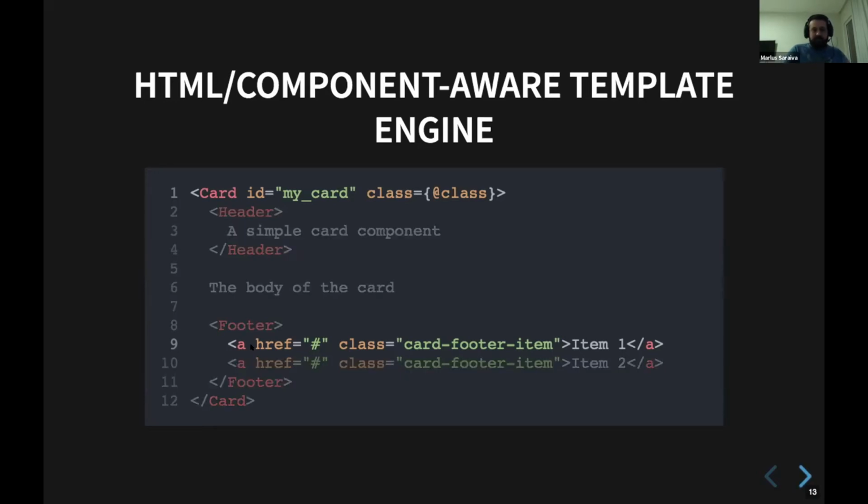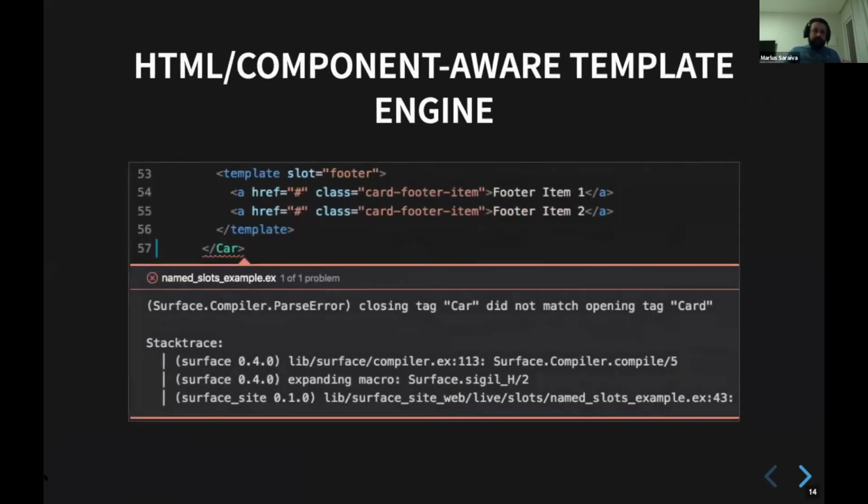So as you can see, the template language is pretty simple. You define components the same way you define HTML tags. Another thing that we brought to the engine is, since we have the information about the structure and the declarative API that can define the public interface of the component, we can cross this information and provide static checking.